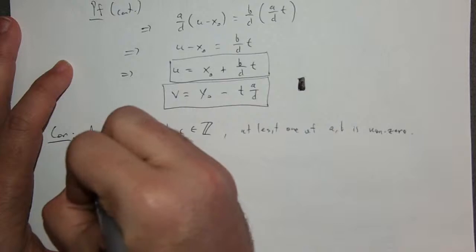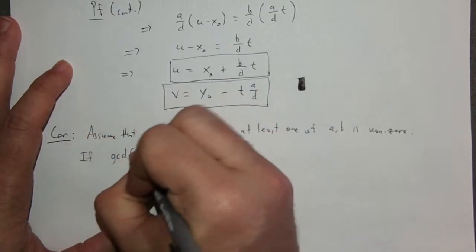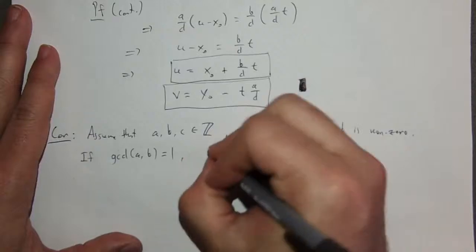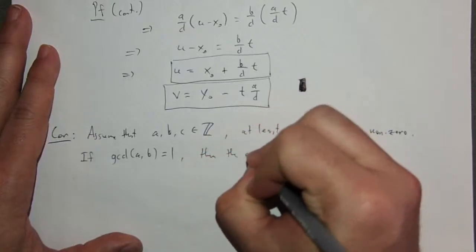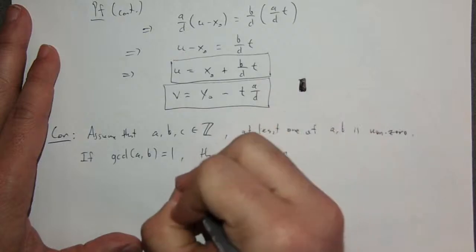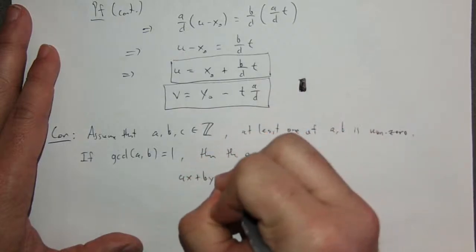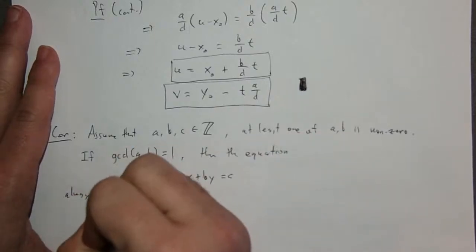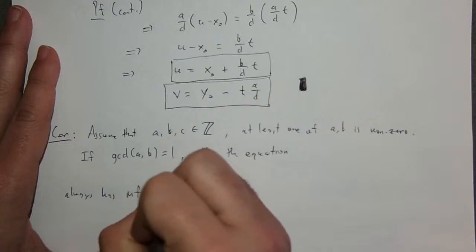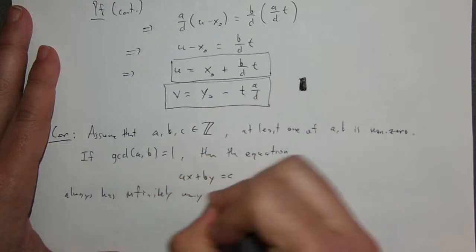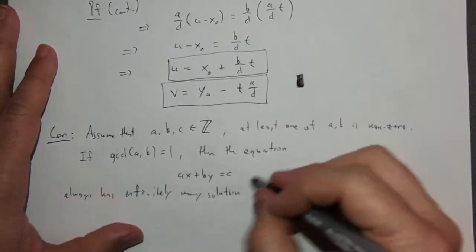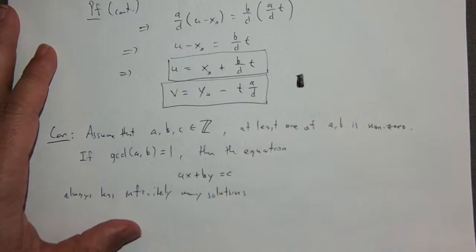Then if the GCD of a and b is 1, so for instance, assume that we've already done the simplification I was talking about, then the equation ax plus by is equal to c always has infinitely many solutions. Of course, since 1 divides c, it doesn't matter what c is.